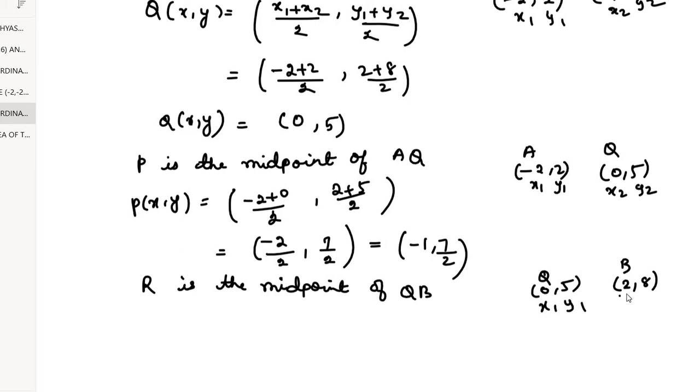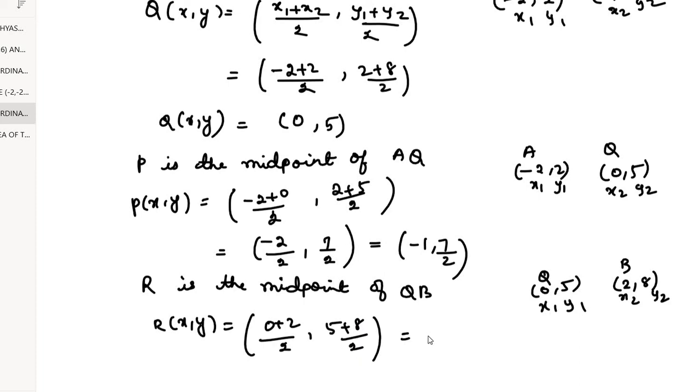This is x1 y1, x2 y2. Then R of x comma y is equal to x1 plus x2 by 2, that is 0 plus 2 by 2 comma 5 plus 8 by 2. That is 2 by 2 comma 13 by 2. I'm getting 1 comma 13 by 2. So we have found the coordinates of all the points, that is P, Q and R. Let us do the next one.